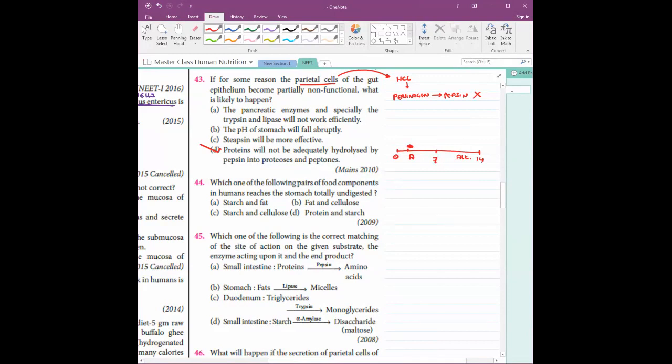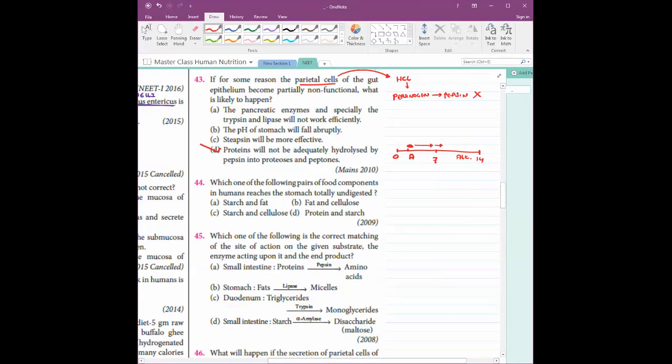Now, guys, just look at this. Those who are saying it will fall abruptly: if for some reason the parietal cells of the gut are non-functional, then will they produce HCl? No, they will not produce HCl. If they don't produce HCl, what will happen to the pH? The pH will start shifting towards the right side, more towards the neutral side.